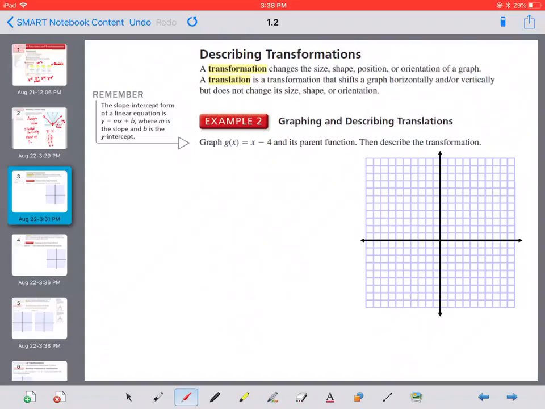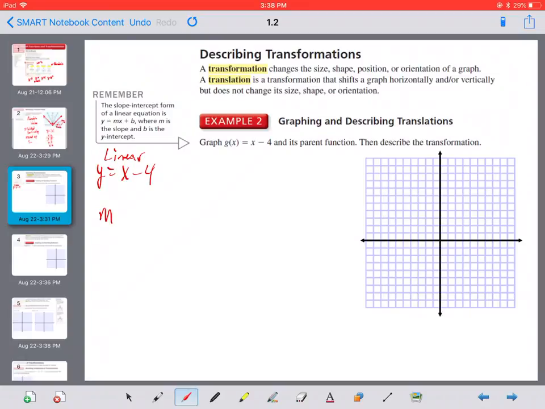So we're going to graph g of x equals x minus 4 and its parent, then describe the transformation. We got 3 things to do. So g of x is also like saying y equals x minus 4. And if we take off all of the fluffy stuff, we get rid of that minus 4, it's y equals x, so that's linear.